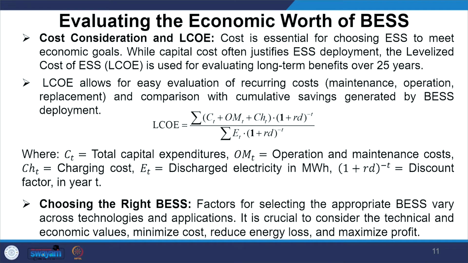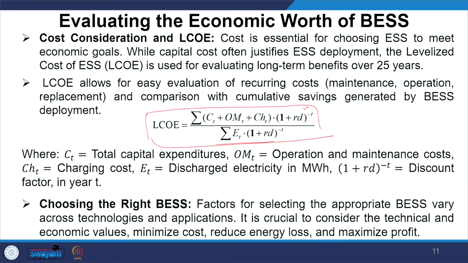Now LCOE allows easy evaluation of recurring costs, that is maintenance, operation, replacement, and comparison with the cumulative savings generated by BESS deployments. So the LCOE can be calculated as the summation of Ct plus OMt plus CSt, times (1 plus Rd) to the power minus t, upon the summation of Et times (1 plus Rd) to the power minus t.